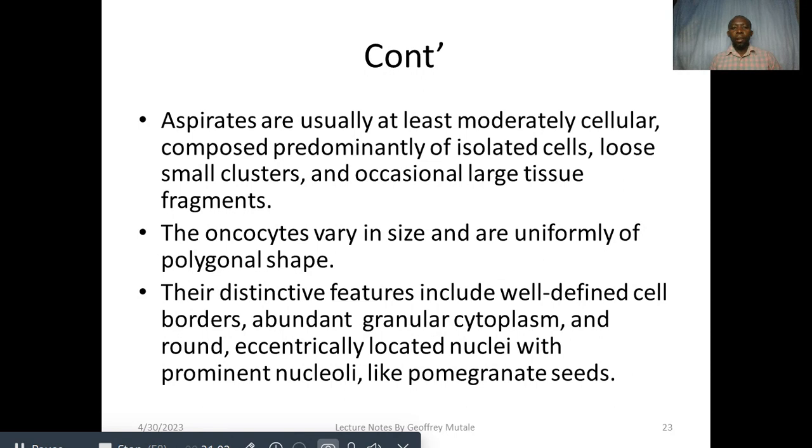Aspirates are usually at least moderately cellular, composed predominantly of isolated cells, with small clusters and occasional large tissue fragments. The oncocytes vary in size and are uniformly round or polygonal in shape. Their distinctive features include well-defined cell borders, abundant granular cytoplasm, and round eccentrically located nuclei with prominent nucleoli, like pomegranate seeds.